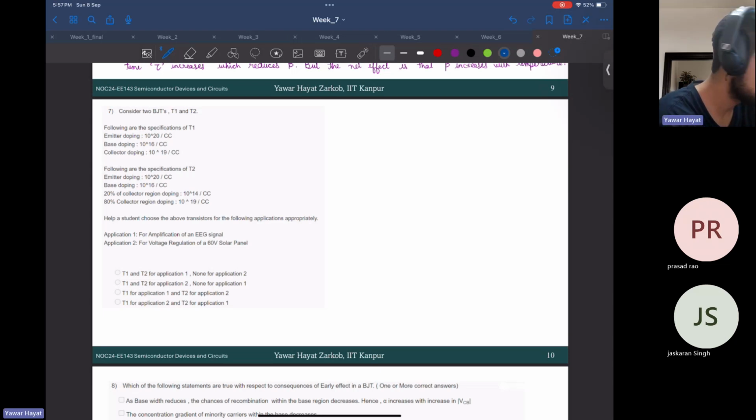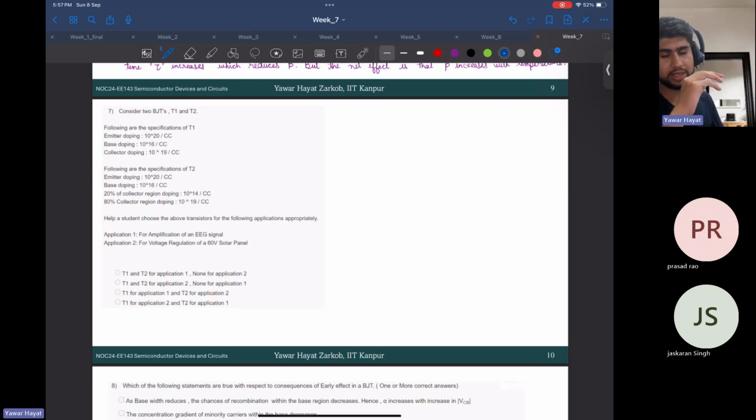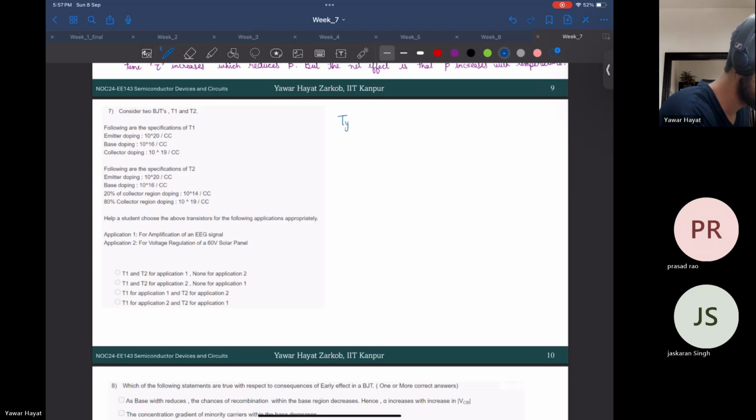See, in power MOSFETs, we introduce a drift layer, right? I'm assuming you know that part. Let me still write that. In power MOSFETs, a drift layer is introduced, right?